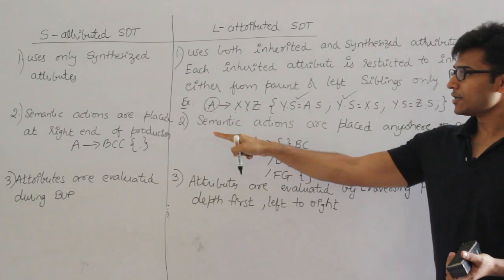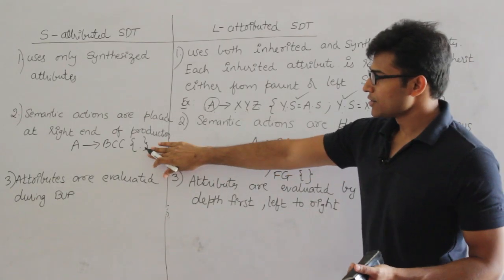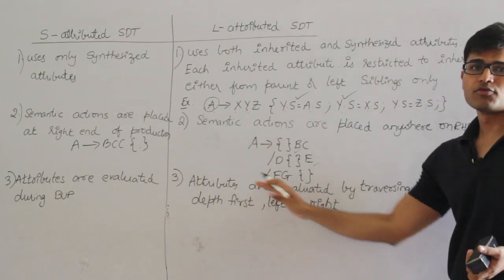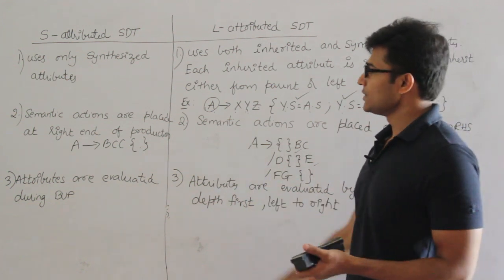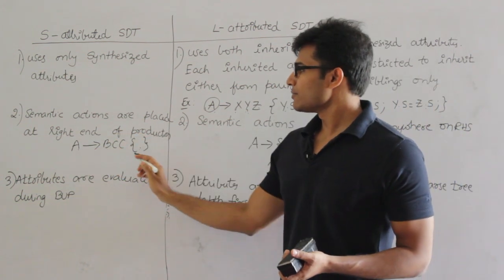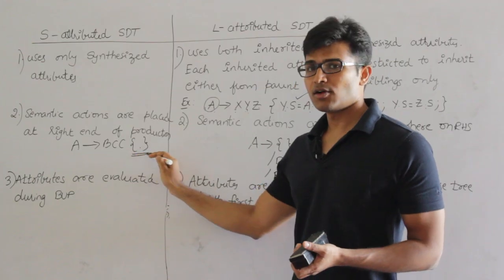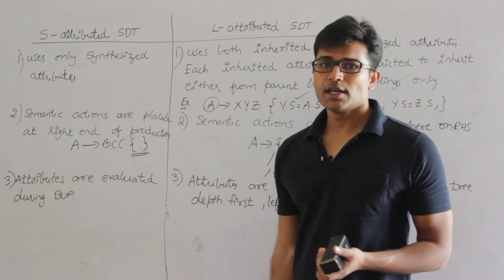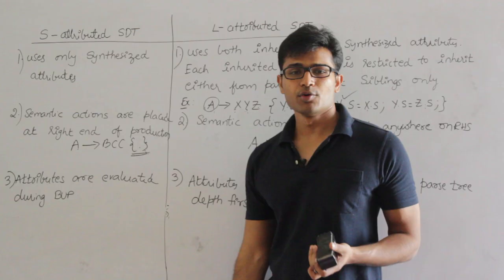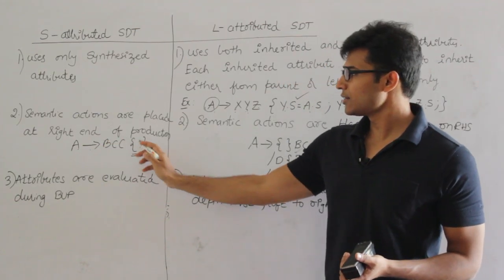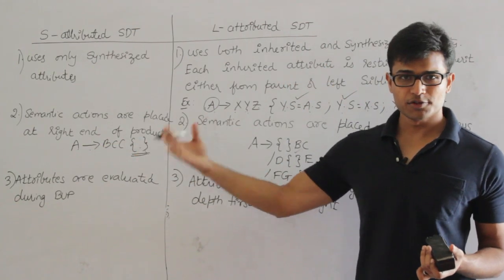Even by this definition, S attributed is more restricted, but L attributed is more free, right? And since we are placing the semantic rules only in the right hand side of the production, it is also called postfix SDT. Postfix means we are going to have the semantic rules at the end. Post means at the end.